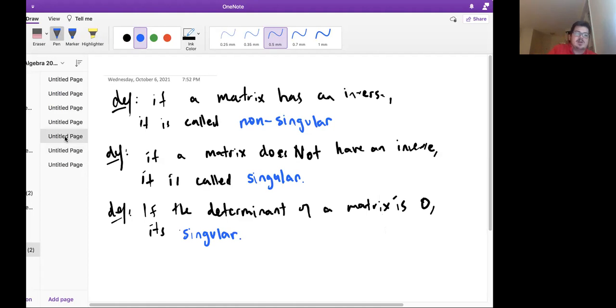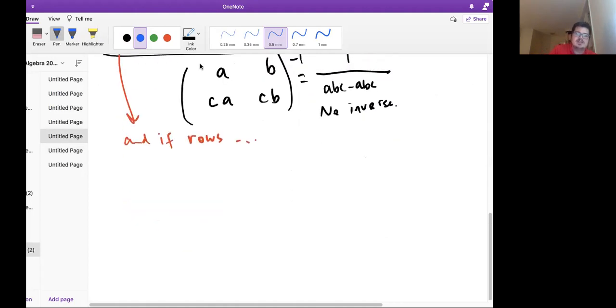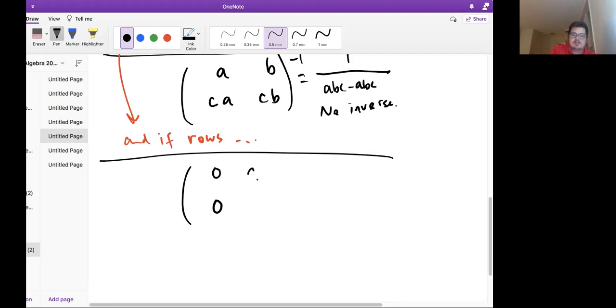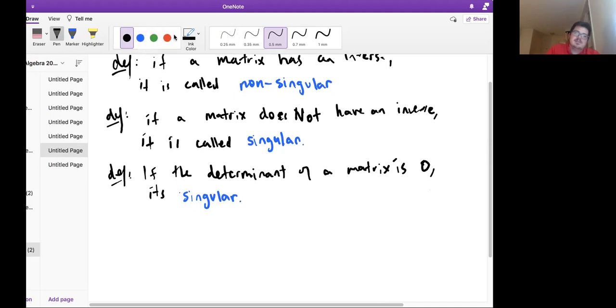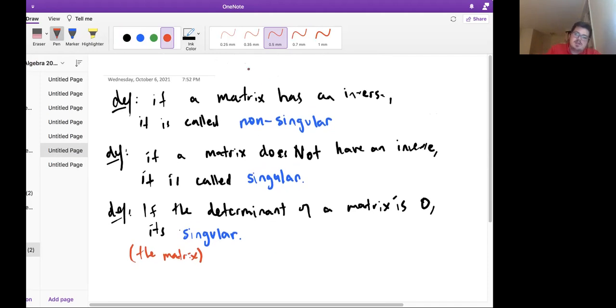Oh yeah, one more example I wanted to do. The matrix. That's what it is referencing. Now, of course, it's all n by n.